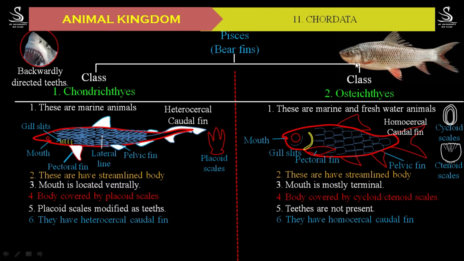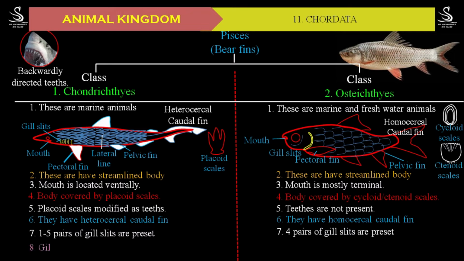This covering is nothing but the operculum. Below this covering, we find the presence of gill slits. How many gill slits are found in Chondrichthyes and how many in Osteichthyes? In Chondrichthyes, we find 1 to 5 pairs of gill slits. But in Osteichthyes fishes, 4 pairs of gill slits are there.